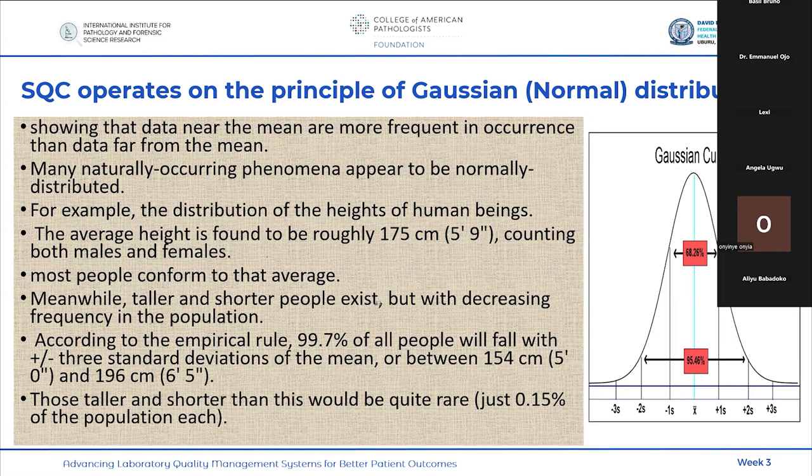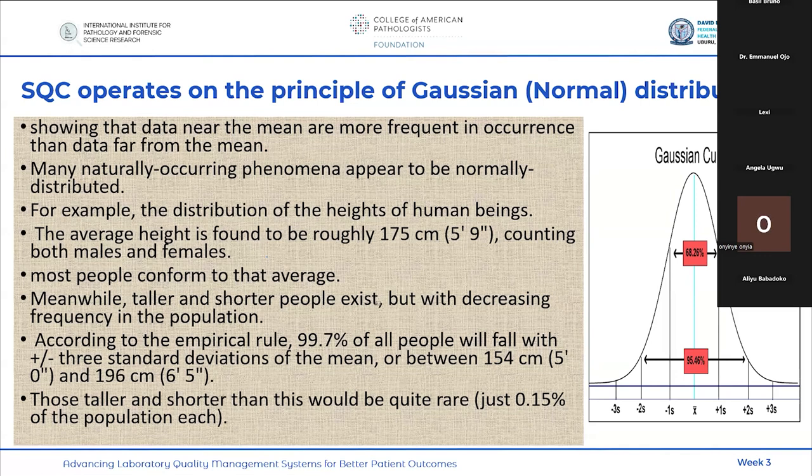In this example, 175 cm is our mean. That is like the average height for most individuals. So 99.7% of people will fall within plus or minus 3 standard deviations of this particular mean, or between 154 cm to 196 cm.